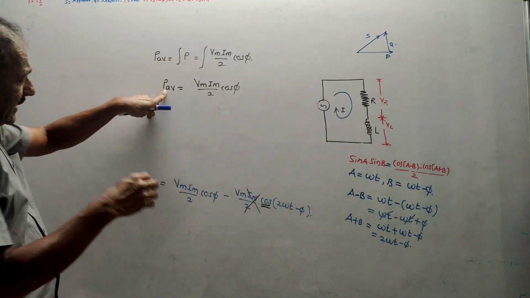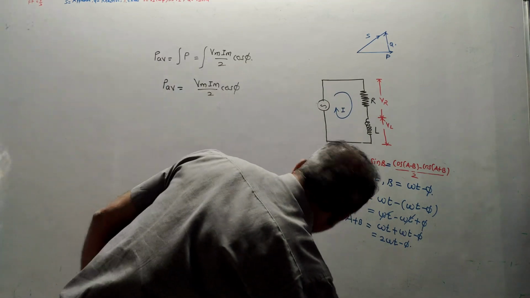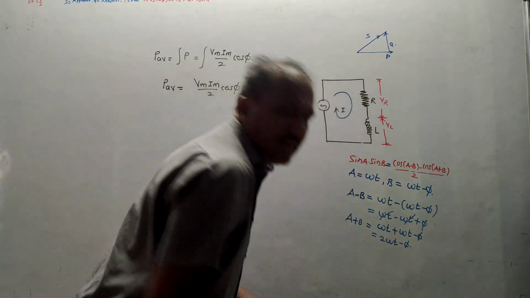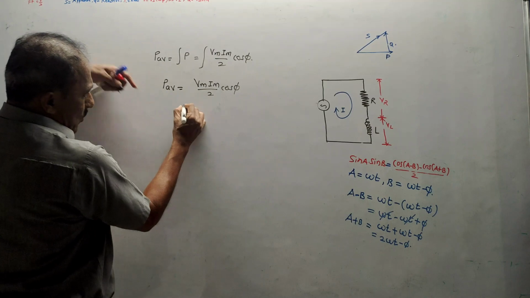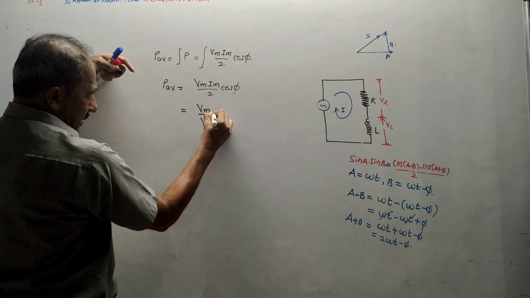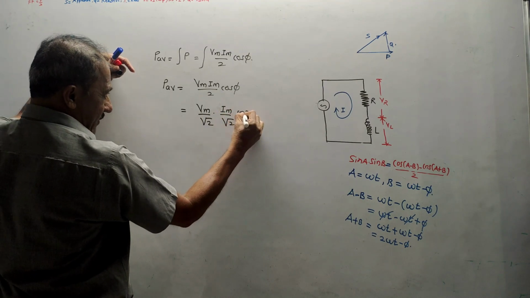So simply I can write P average is Vm Im upon 2 into cos phi. Now in case of average power, you need to express things in terms of RMS quantities. So this is 2, so I can well write this as Vm upon root 2 into Im upon root 2 cos phi. Very simple logic.